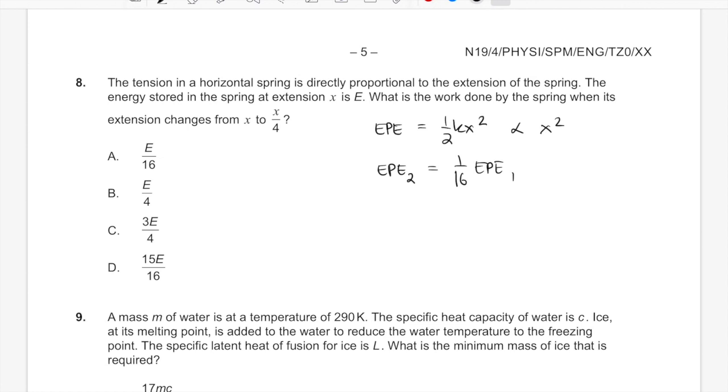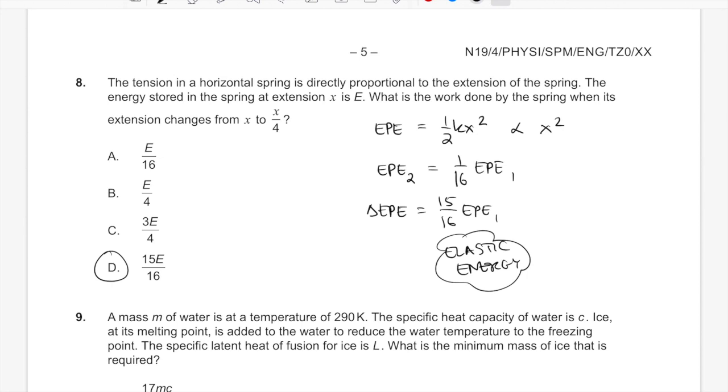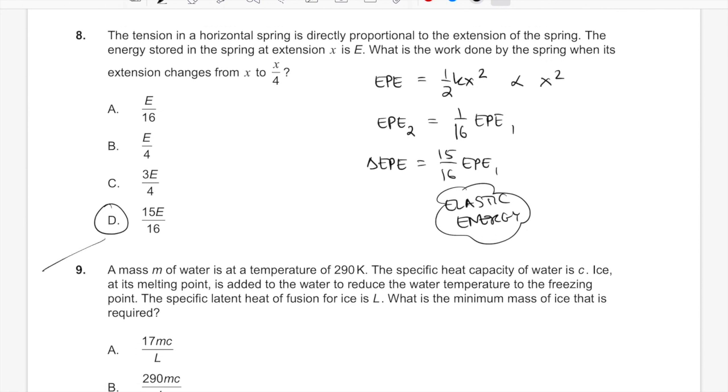That means the change in elastic potential energy has been 15/16 EPE, and that is energy that has been lost in the spring, so it's work done by the spring on the surroundings, and that is D, the answer. So this is an elastic energy question.